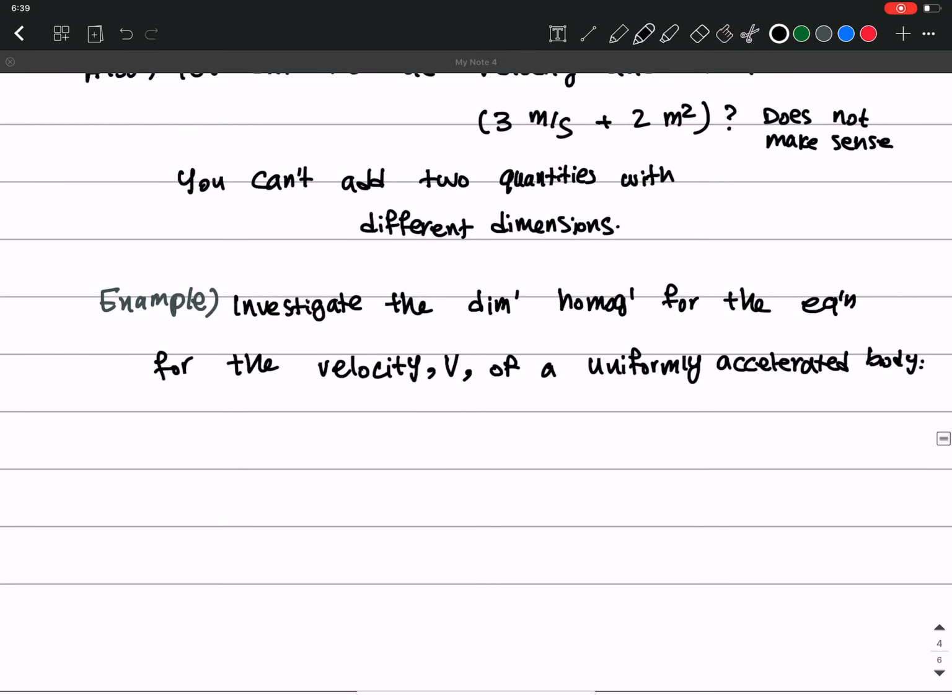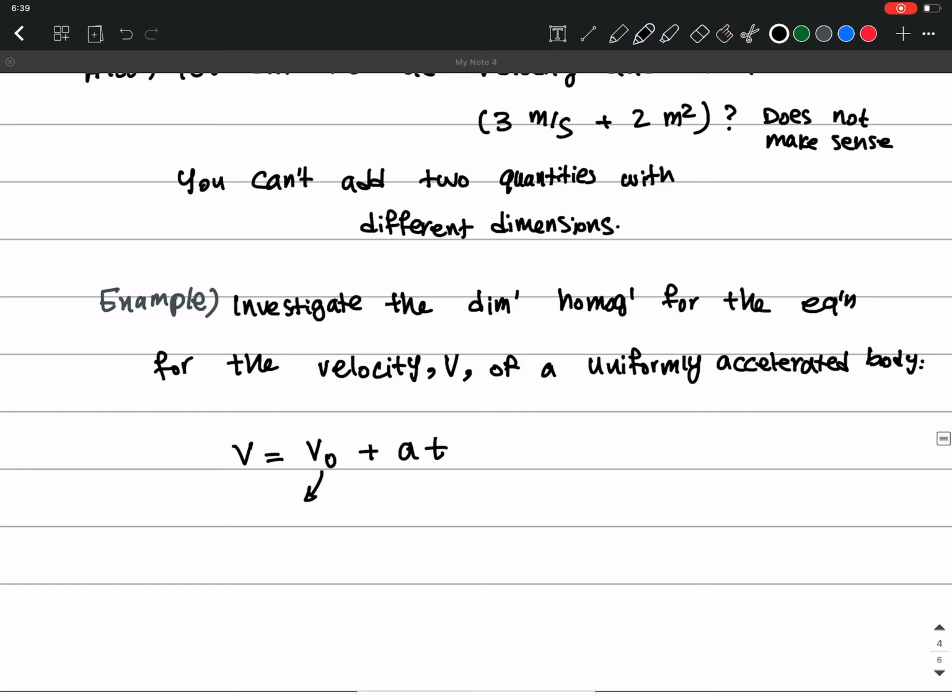So the equation for the velocity of a uniformly accelerated body can be written as this. V equals V naught plus A times t.